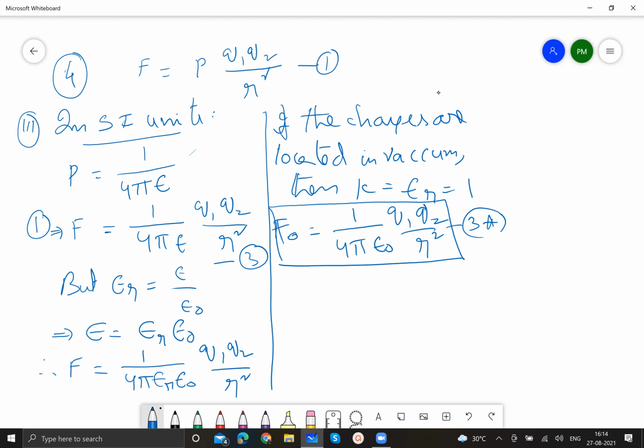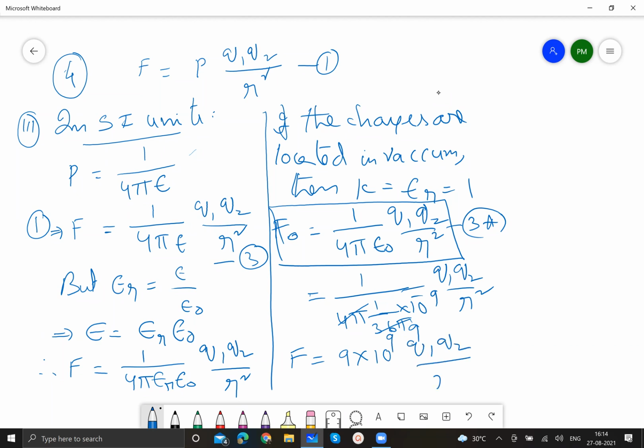So if you substitute the value of epsilon 0 here, 1 by 4 pi into 1 by 36 pi into 10 to the power of minus 9 into Q1 Q2 by R square. This is 9. So I get F is equal to 9 into 10 to the power of 9 Q1 Q2 by R square, so many newtons.